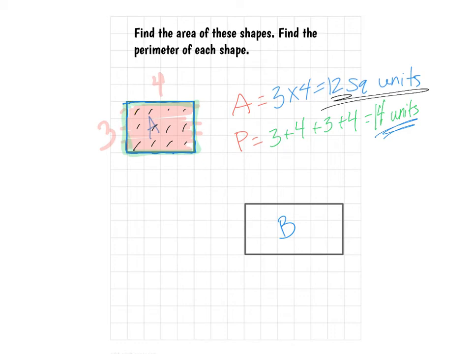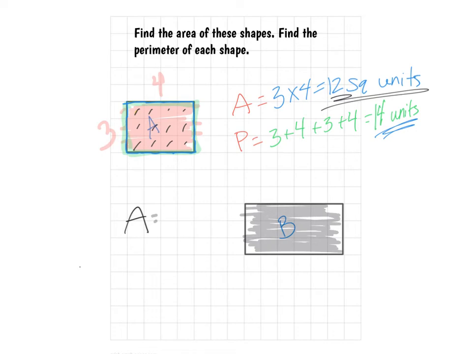Alright, boys and girls, so now it is your turn to figure out my perimeter and area for rectangle B. So remember, your area is the inside. You're going to see how many squares you have on the inside for your area.